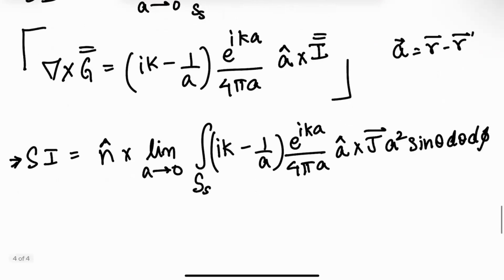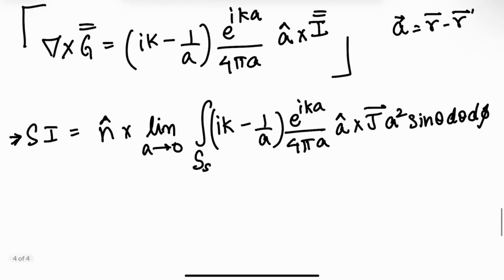Because it's a hemisphere, the surface integral is only over theta and phi. Now when you take the limit, what happens? You have this a square term and a 1 over a square term. Let me actually write one more step and then we can simplify it.